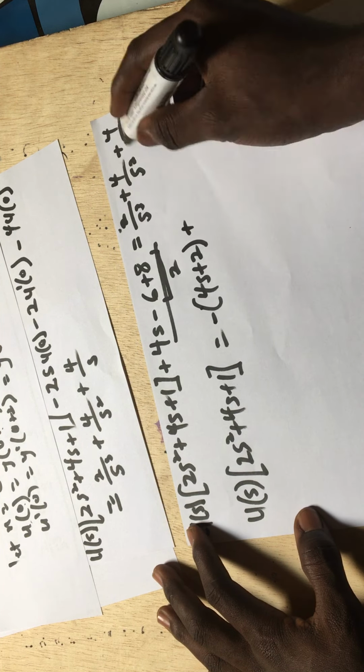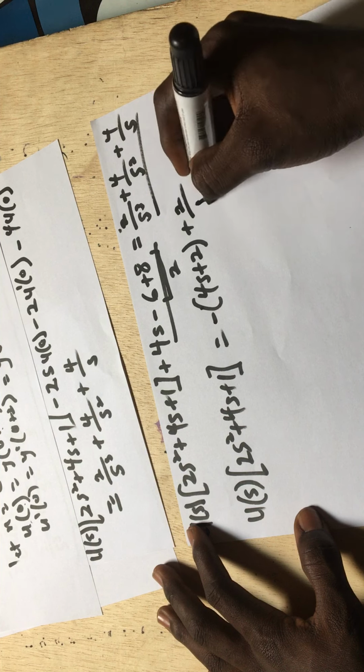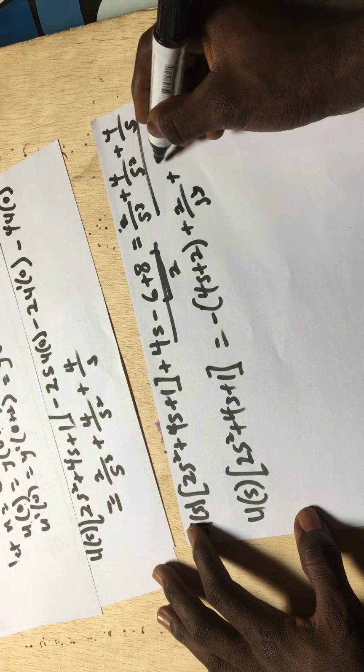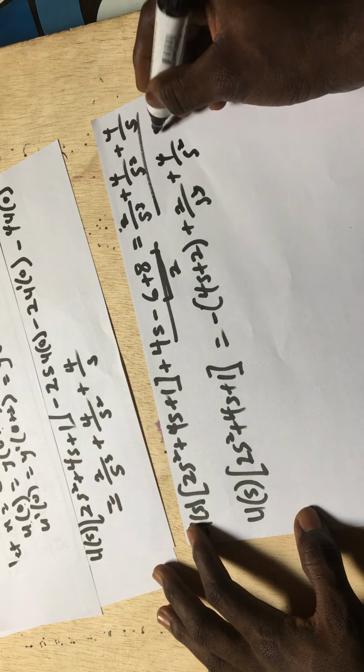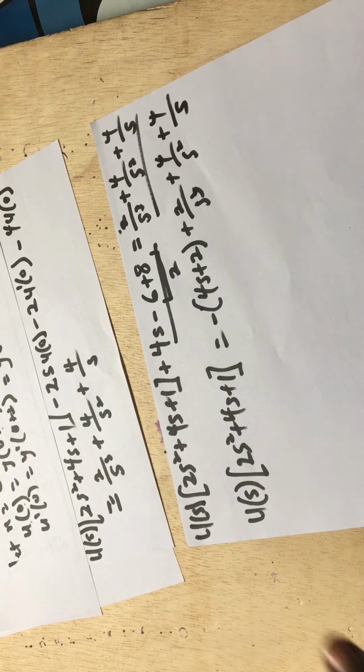Then add this: 2 over s cubed plus 4 over s squared plus 4 over s. Are you guys okay?